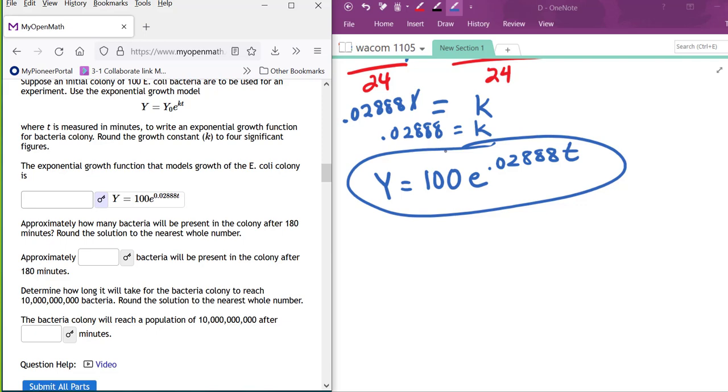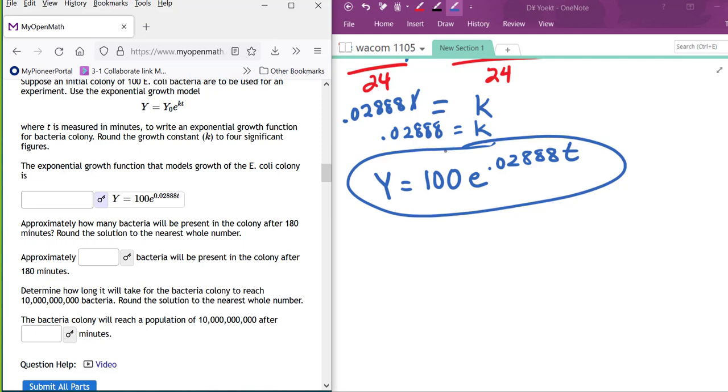So the next question, approximately how many bacteria will be present in the colony after 180 minutes? So if they switched here and said 3 hours, you would have to go back to minutes with it. So that's something to watch. Whatever time frame you start with, you need to stay in that time unit.